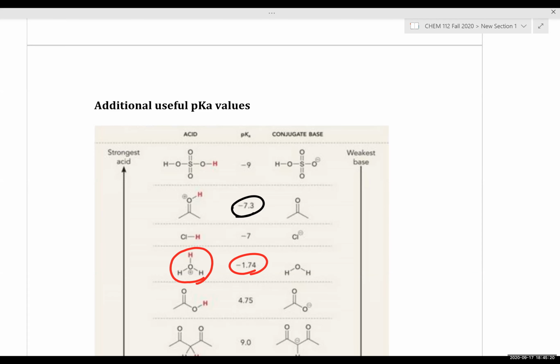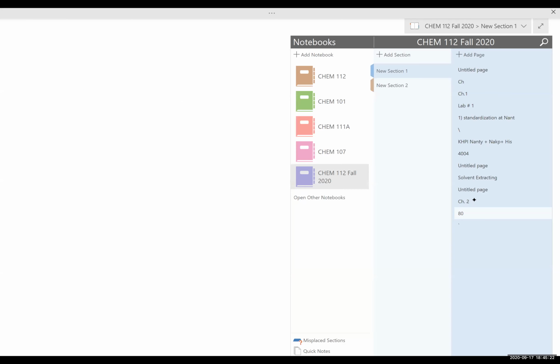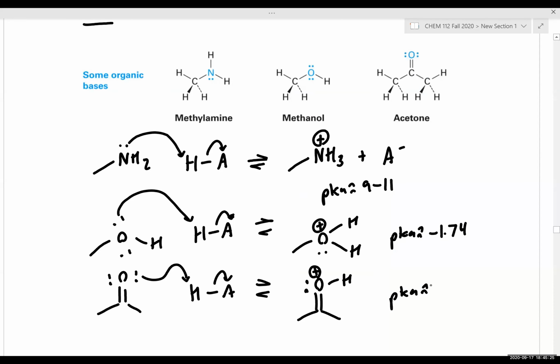Negative 7.3, exactly right. Perfect. So we've shown sample examples of how each of these organic bases can react, abstract a proton, and generate their conjugate acid. Does this make sense to everyone so far? Any questions so far?